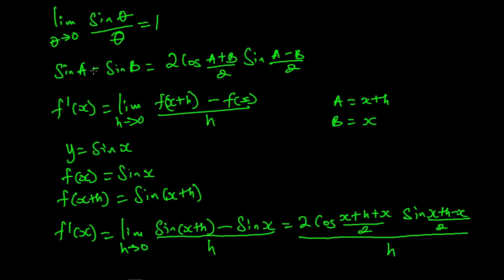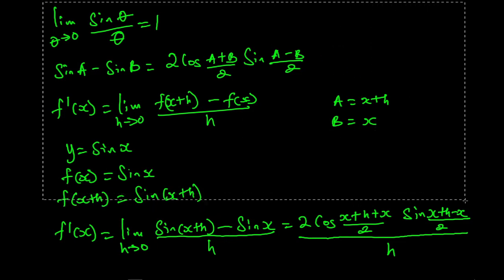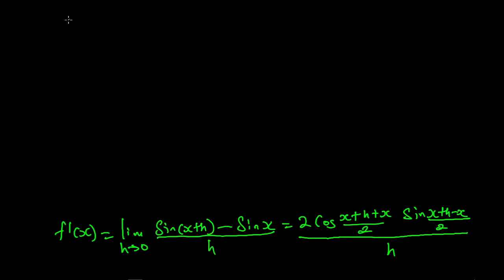Let's clean this up. Therefore, our f prime of x is going to be the limit as h approaches 0. We have 2 cos of x plus h plus x, which is going to give us 2x plus h all over 2.